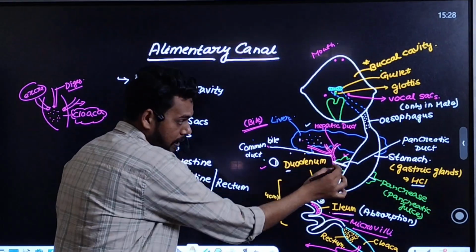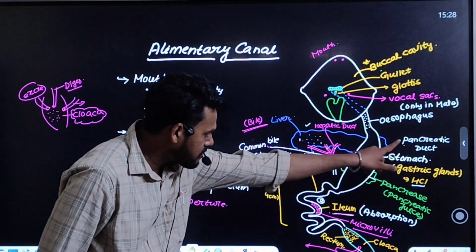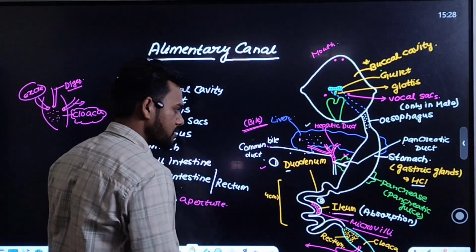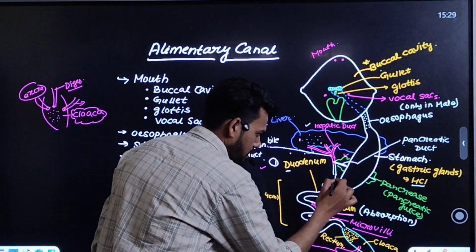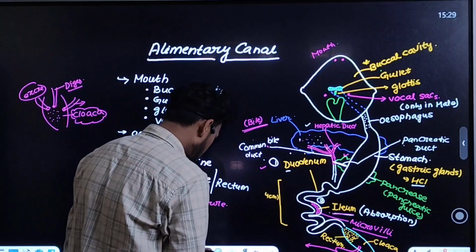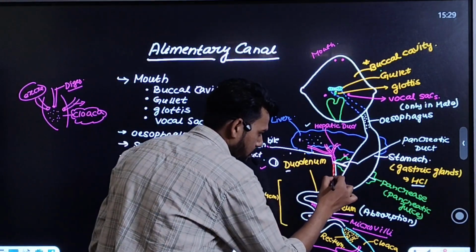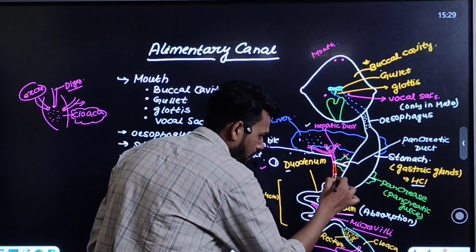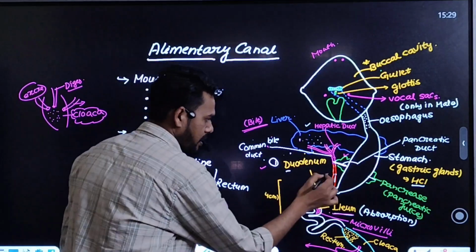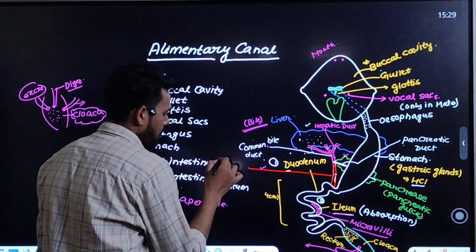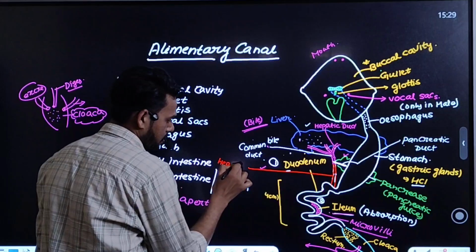And when the common bile duct combines with the pancreatic duct of the pancreas, they together form a very important duct. I'm drawing it in red color. This is called the hepatopancreatic duct.